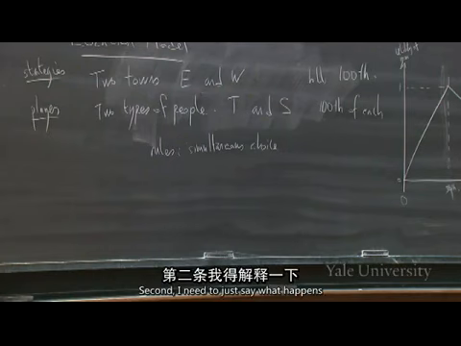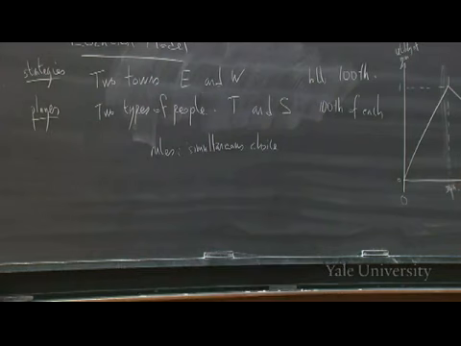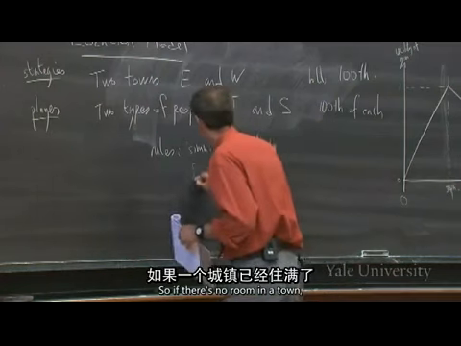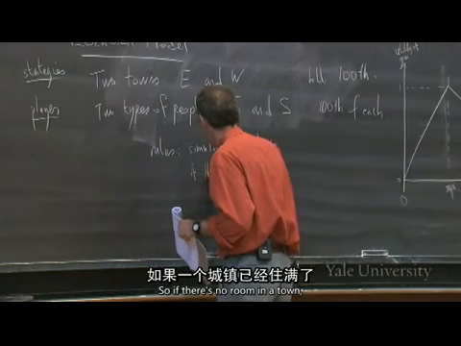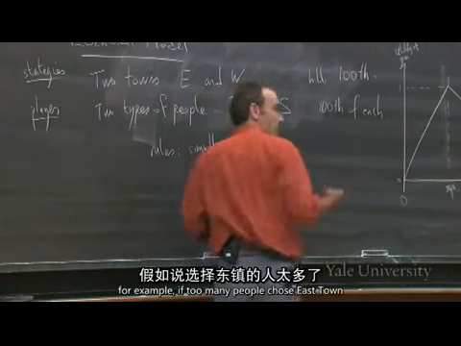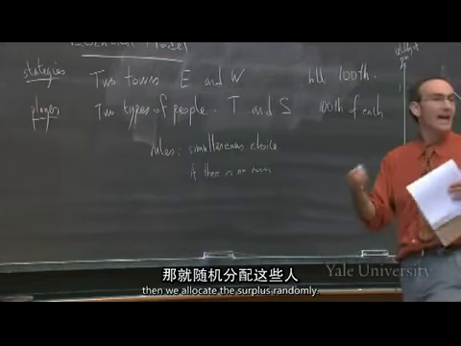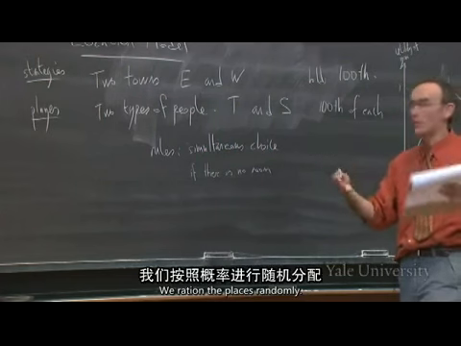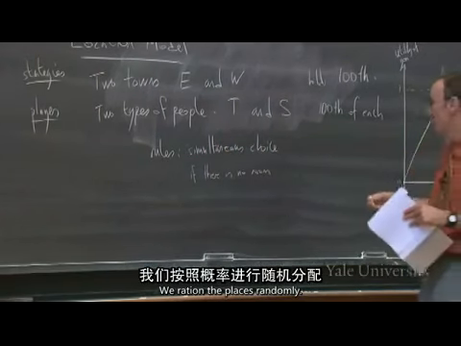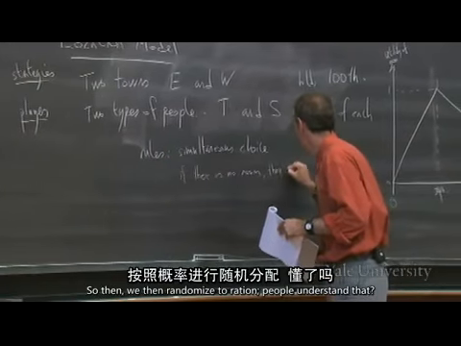And second, I need to just say what happens if too many people choose the same town. If there's no room in a town, for example, if too many people chose East Town, then we allocate the surplus randomly. We ration the places randomly.